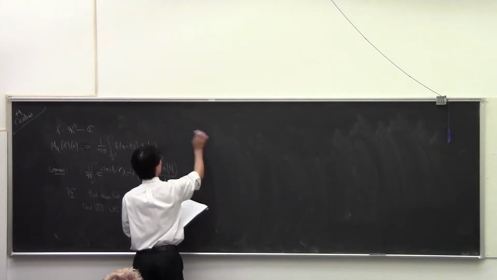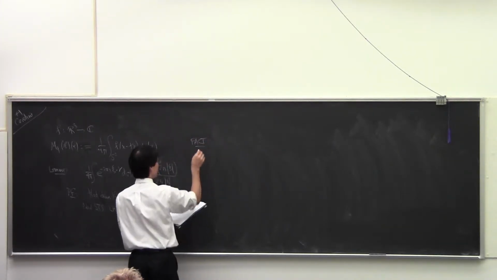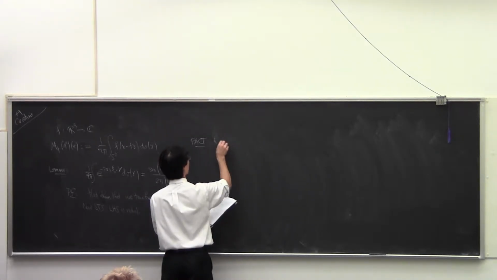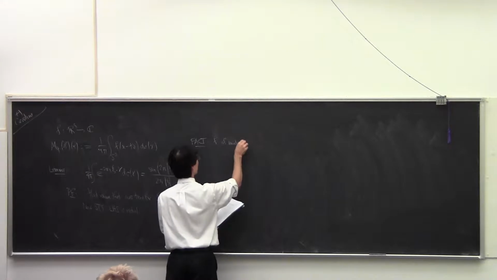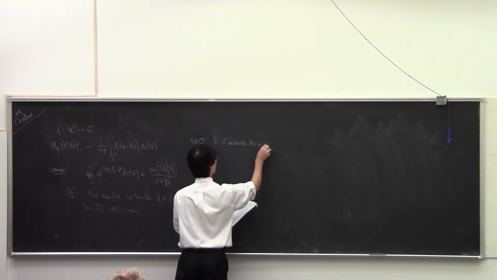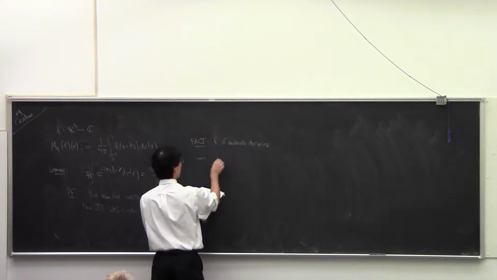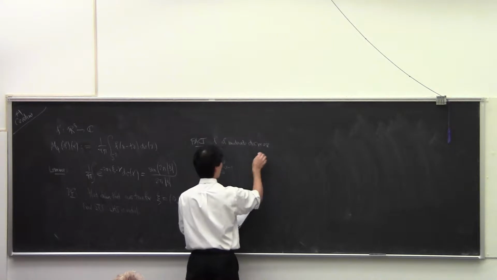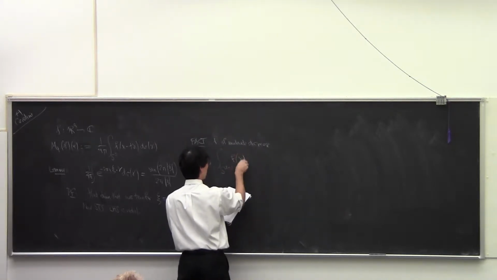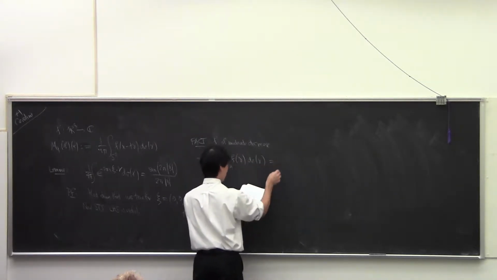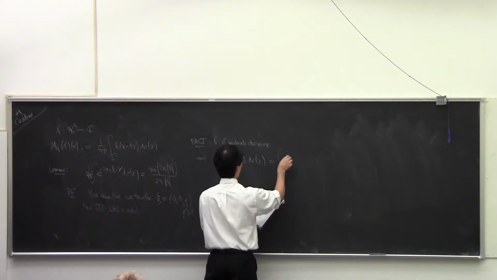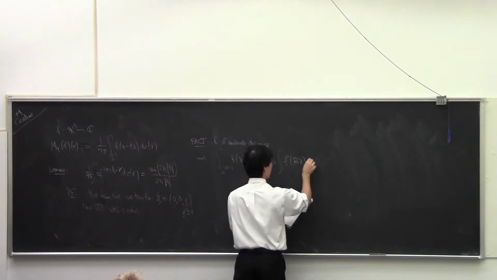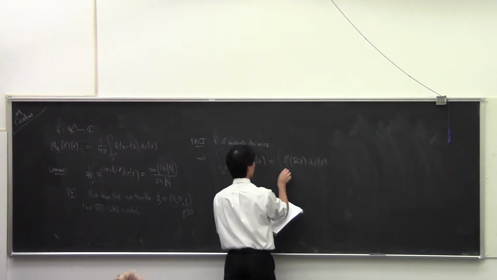Recall, or introduce, just a fact: if f is of moderate decrease, then if we integrate over any sphere, and we rotate the argument of the function, nothing happens to that integral.